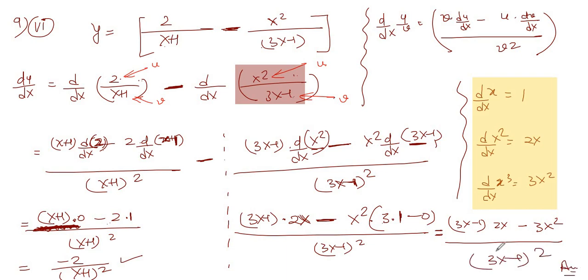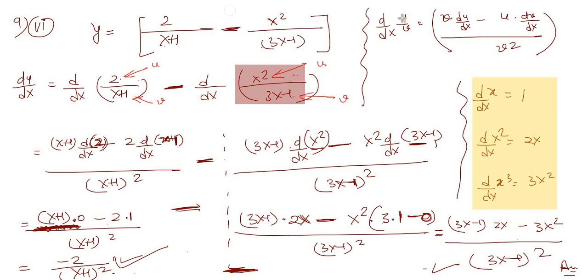So this is my answer. This 0 I have left. So we got the first part and this is the second part. Okay, and you can combine these two by putting a minus sign in between because the minus sign was already there. I hope you got it.